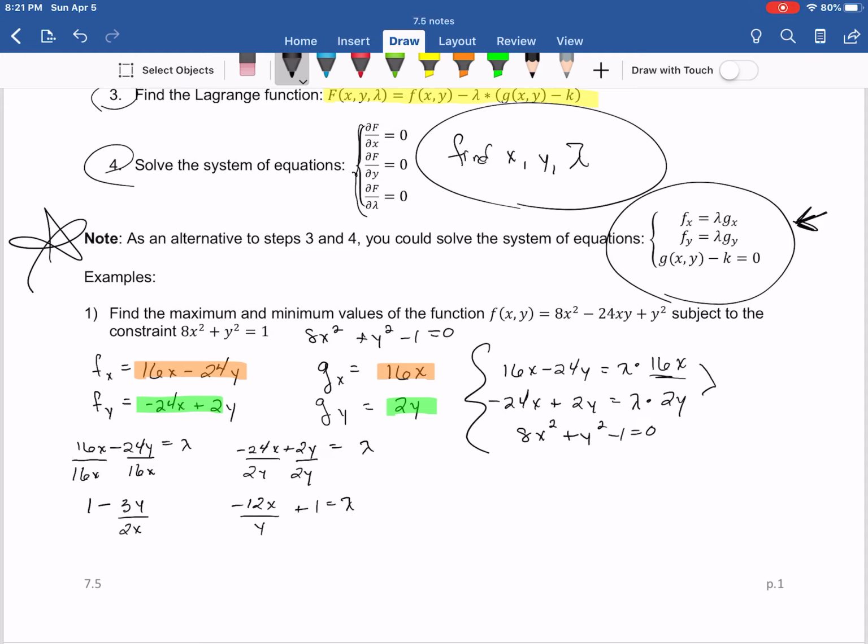And that's what you got. So now, like I said, I forgot the equals lambda here. You're going to set the results equal to one another. Okay, set those equal to each other.